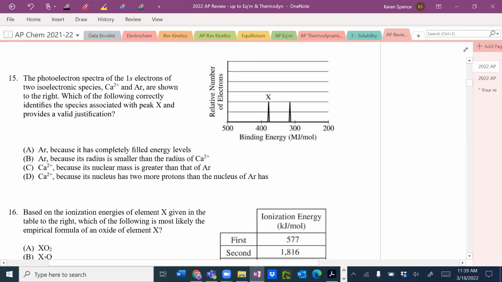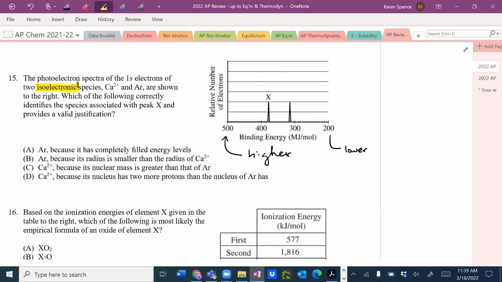Okay. Photoelectron spectrum. And of course, remember, we have the higher binding energy and the lower binding energy on the right. We have the 1s electron, isoelectronic, meaning having the same number of electrons, calcium and argon.